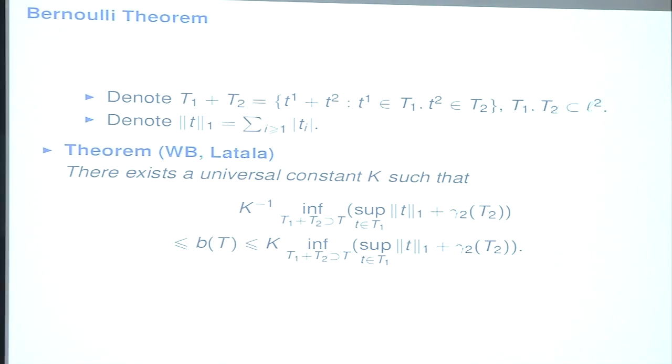Okay? Another important class, when we know what to do, are processes of random signs. For a long time it was a conjecture, but finally we could prove the following characterization: if we know what is the decomposition of a set, and the decomposition for us is any sum in L2 world when we sum two sets T1 and T2 in the following way, and if we can decompose the set T into a part when we can apply L1 norm, so it's exactly here, and a part which is sub-Gaussian, so we can use gamma 2 numbers, we know that such an infimum is indeed comparable with b(T).